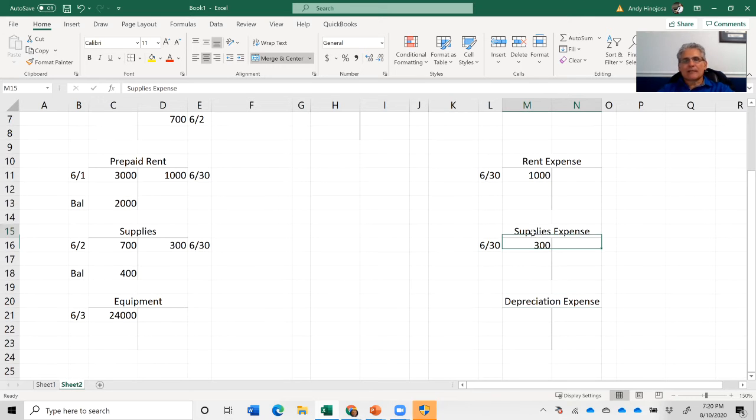And if you think about it from a supplies perspective, when we wanted to reduce supplies, we just credited the supplies account. So looking at supplies, we started off with 700, we credited for 300, and our balance was 400. And then we took that 300 and moved it over to supplies expense.